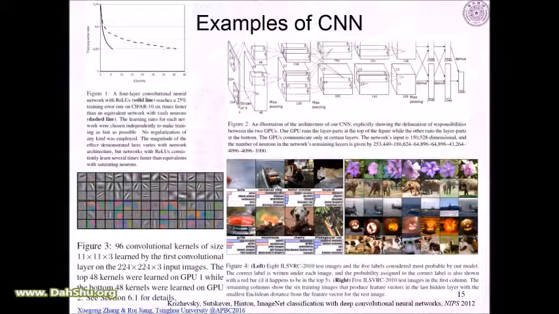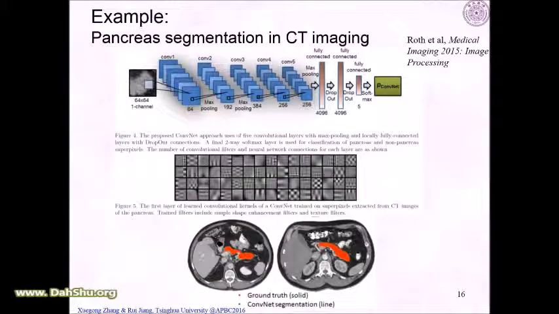It performed pretty well, and these are the examples that made this method popular. And people have adopted the same method for medical applications, like in CT images. They built a similar CNN model to learn how to identify the boundary of a pancreas from the CT image.